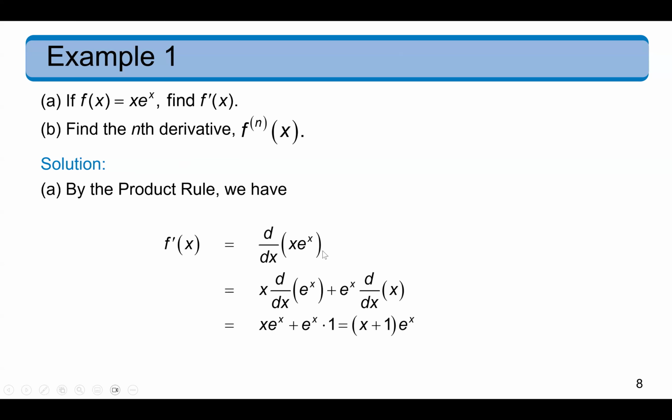It doesn't matter. Here we say x times the derivative of e^x plus e to the power x times the derivative of x. So we know the derivative of e^x is e^x, plus e^x times the derivative of x, which is 1. So our answer will be x plus 1 times e^x, because e^x is common in the two terms.